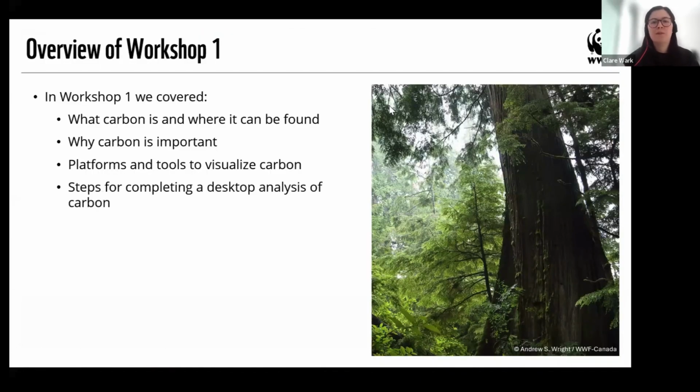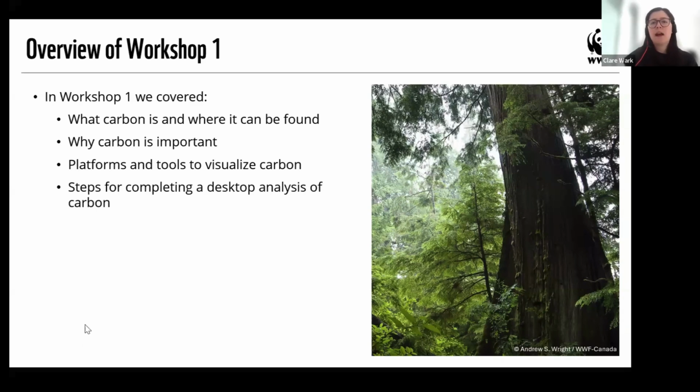Perfect. So I'm going to do a quick review of what we covered in our first workshop on ecosystem carbon a couple weeks back. We discussed what carbon is, where it can be found, and why it's so important. We also took a look at a number of platforms and tools that can be used to visualize different pools of carbon across regions.